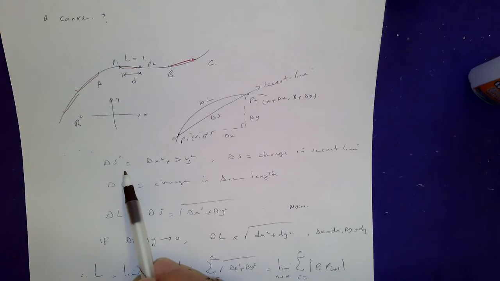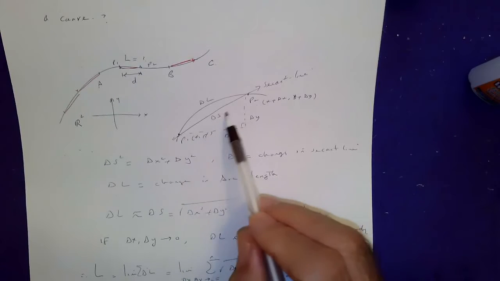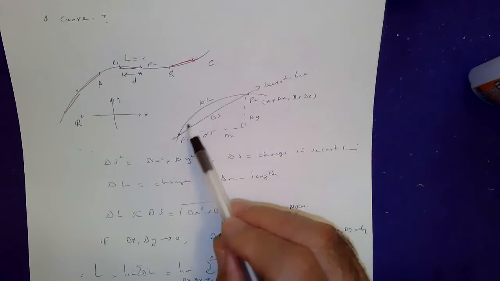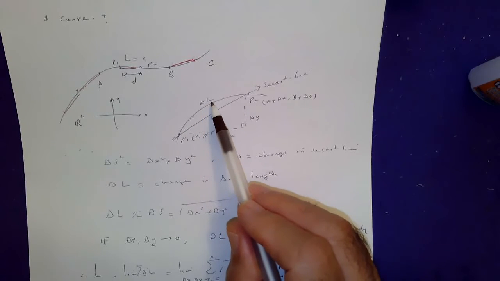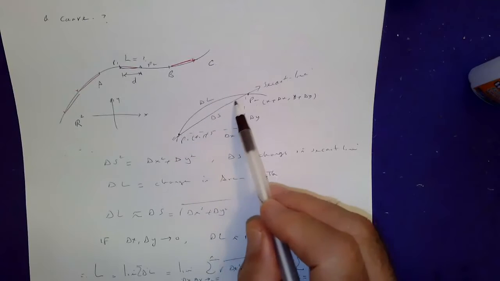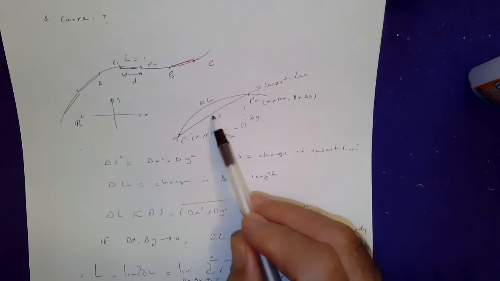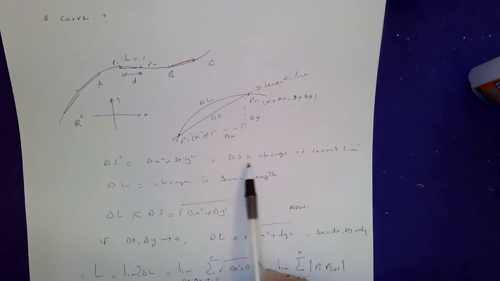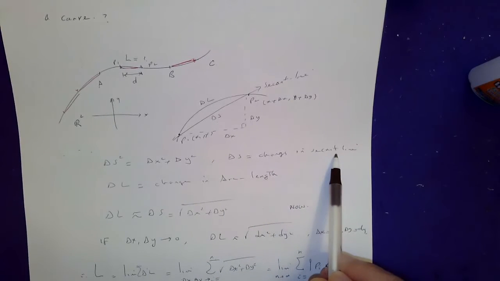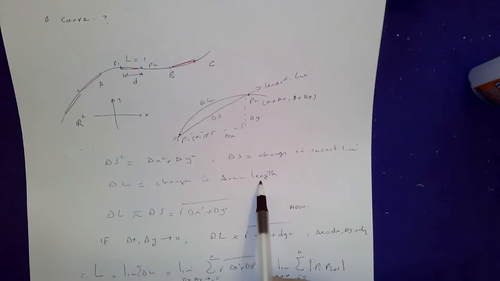So delta S is the length of the secant, not the arc length. So we're going to show the arc length with delta L, and we're going to show the secant line with delta S. So delta S is the change in secant line, whereas delta L is the change in the arc length, correct?